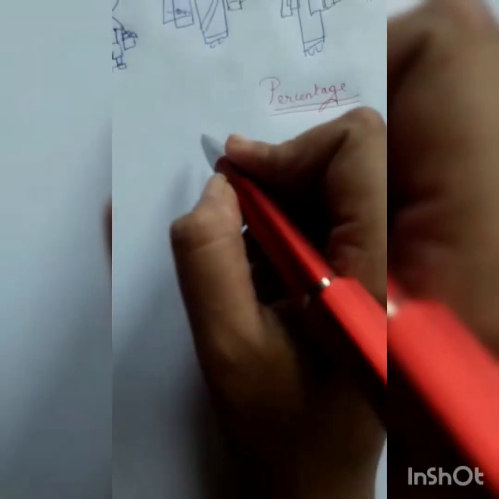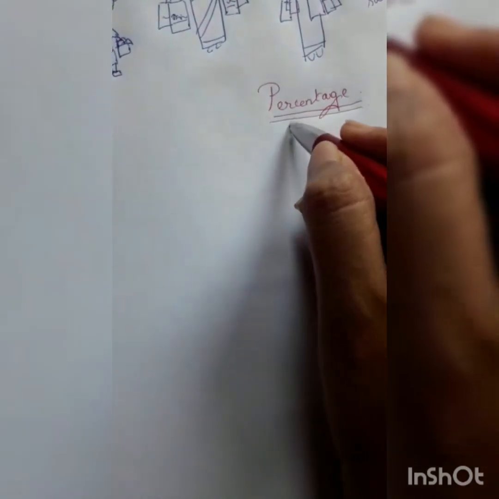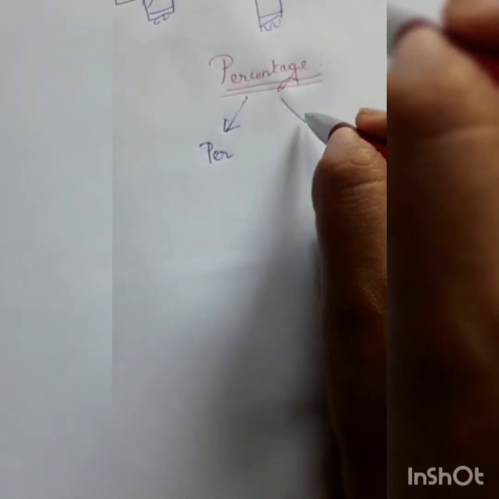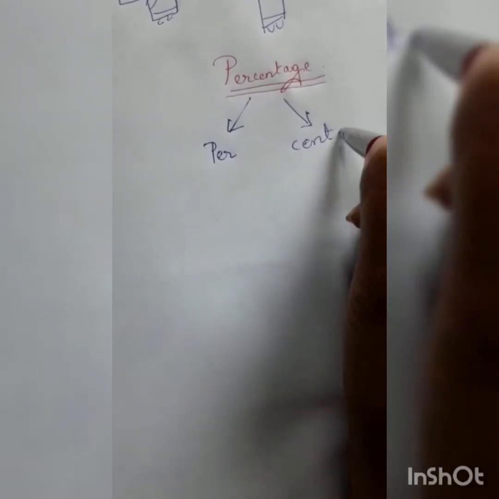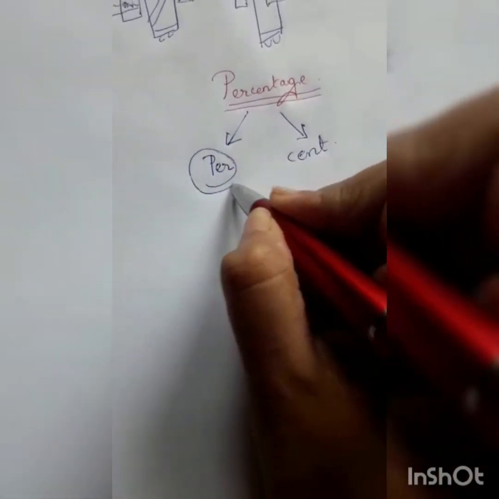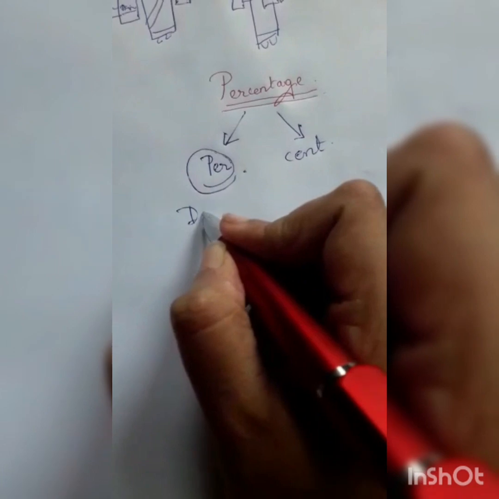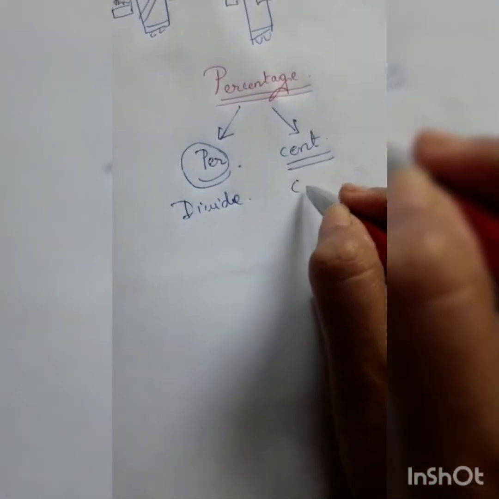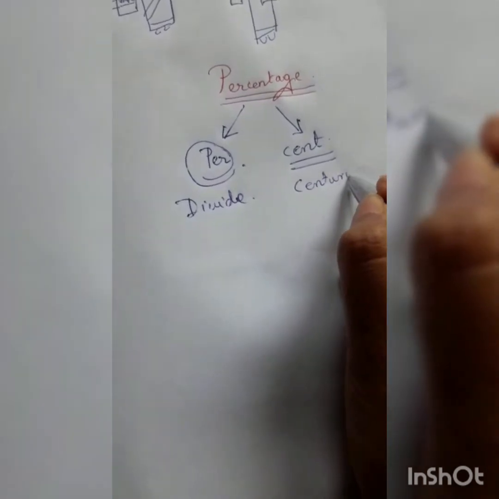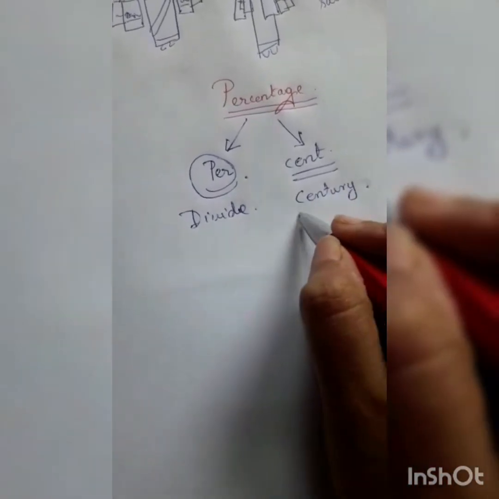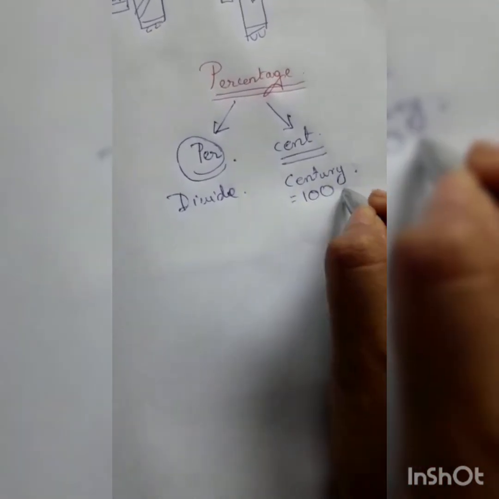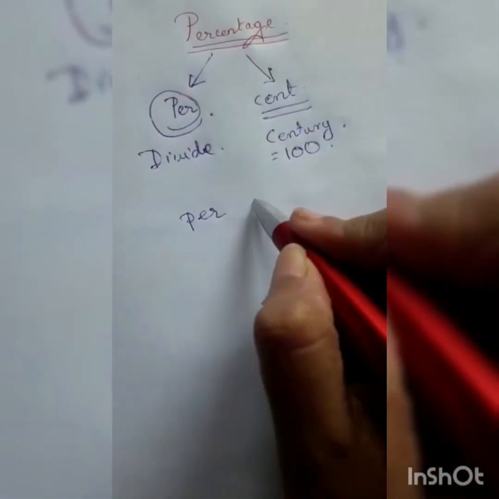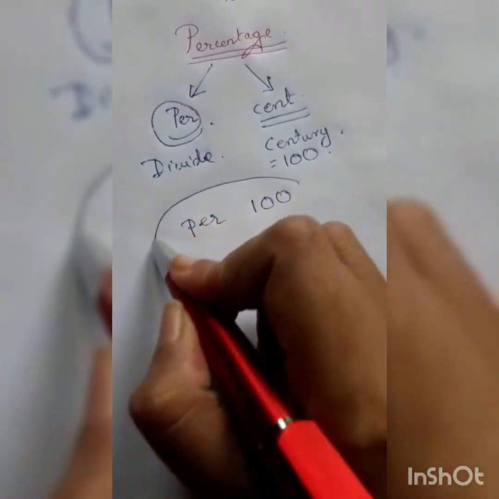If I break the word percentage, then I will have per and cent, where per means divide and cent is coming from the word century. So, century refers to 100. So, we are now going to focus on per 100.